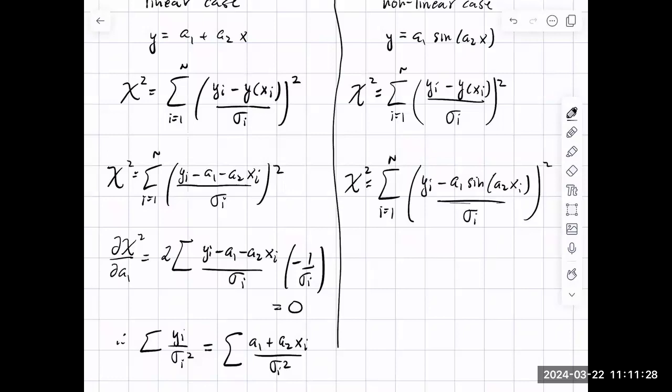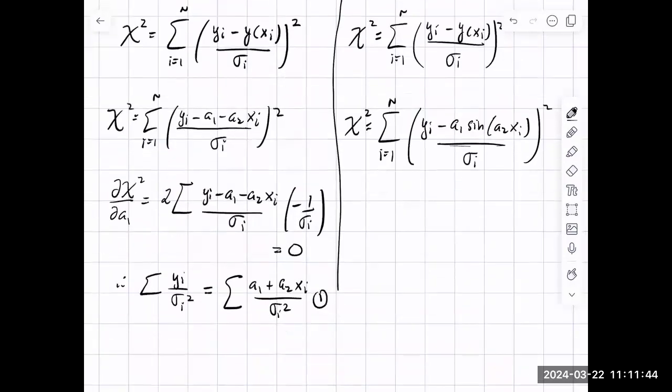The minus sign kills these minus signs, and then we just have A1 plus A2 x_i divided by sigma_i, and then divided by sigma_i again, so it becomes squared here. Okay, good. I'm going to call this equation 1.